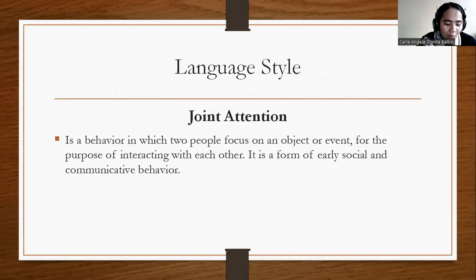It requires the ability to gain, to maintain, and to shift attention. For example, a parent and child may both look at the toy they're playing with, which is what we call shared attention. So this is joint attention. It's gained by using eye contact and gestures.